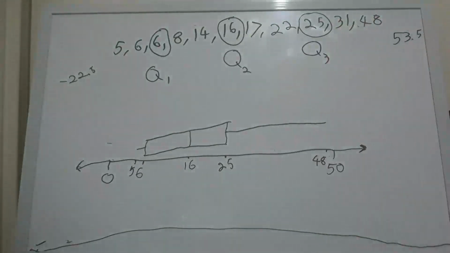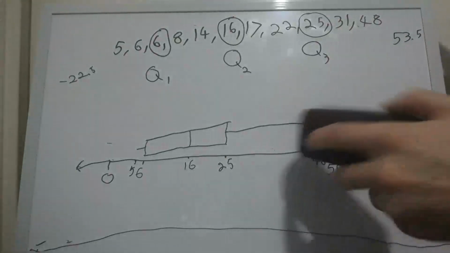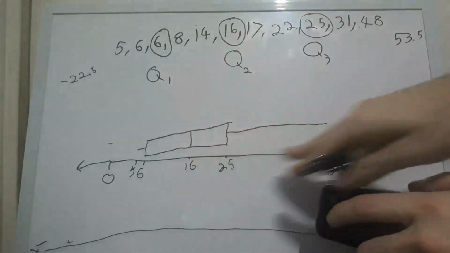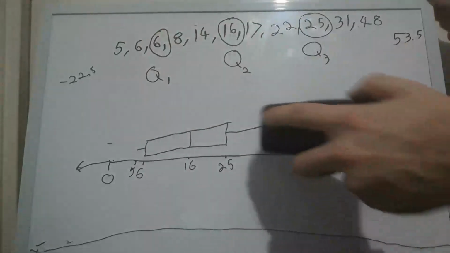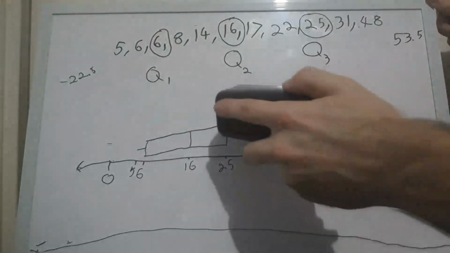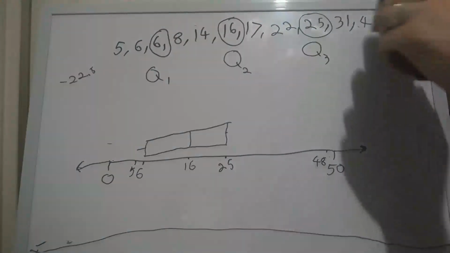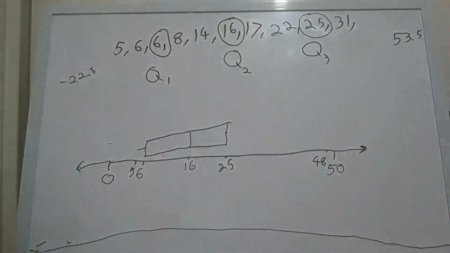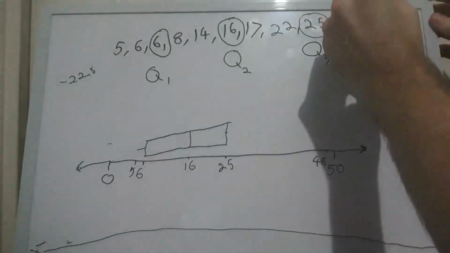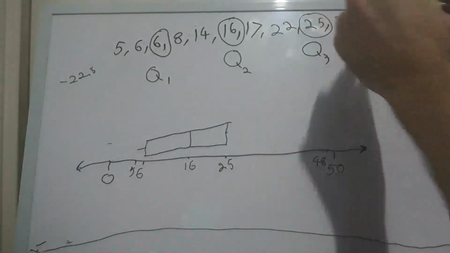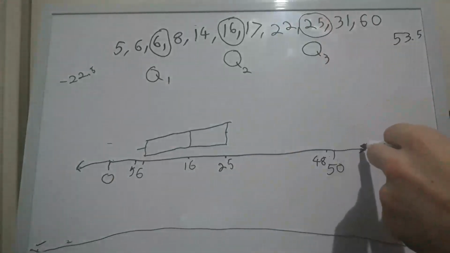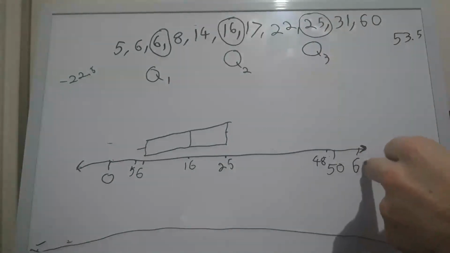Now, if, this is the big if, because remember, we're assuming that this box plot is a representation of this data set. Let's imagine for a moment that we change the data set. Let's suppose that instead of 48 being the biggest value, let's say it's 60. So 60 might be somewhere up here on the number line.